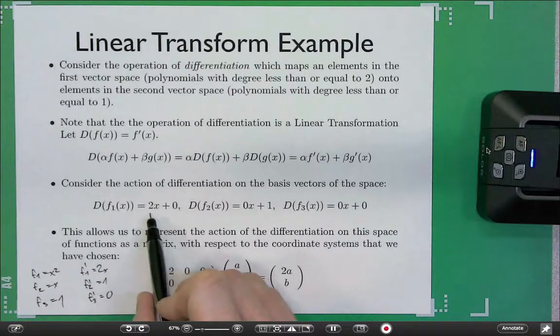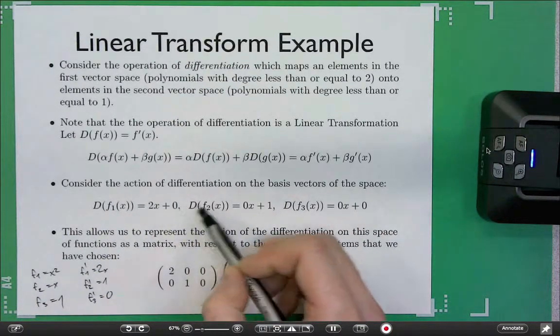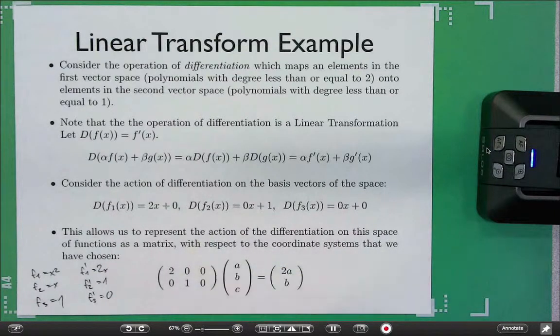This gives me 2x. This is differentiating the first one. This d means the differentiation operation. It's a linear transformation between these two vector spaces, which happen to be function spaces. And that means that I can describe the differentiation using a matrix, which I think is cool. It's sort of obvious if you think about it, and this is what the matrix is.